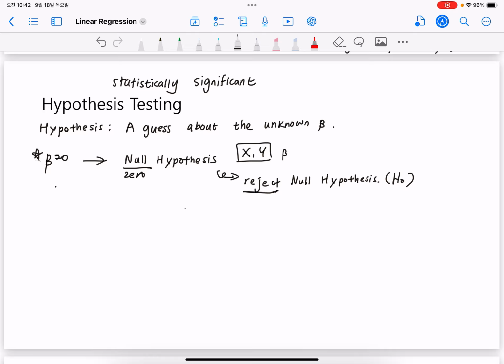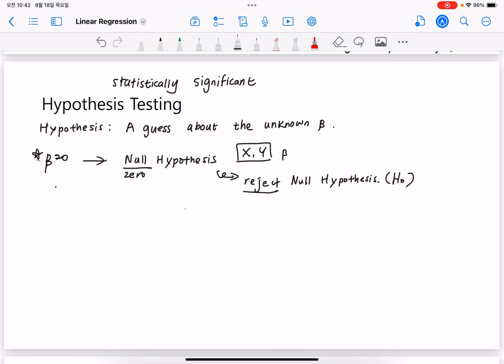The p-value is used for rejecting or not rejecting the null. The p-value can be used, and also the t-stats can be used.